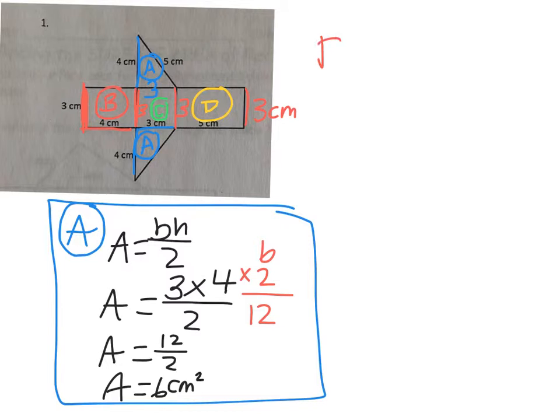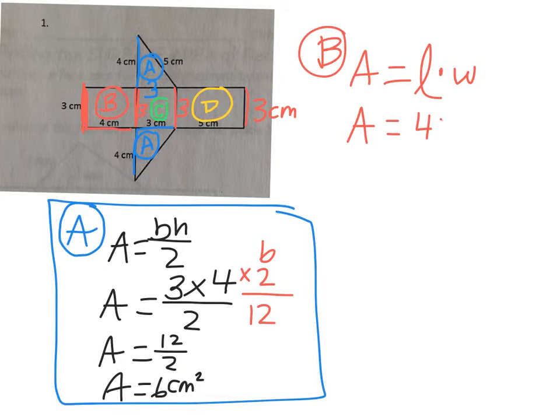Shape B is a rectangle, so my area formula would just be length, remember that's a weird looking L, times width. You could also say base times height if you want it. So area equals my length was 4 times my width was 3. So my area of shape B should be 12.